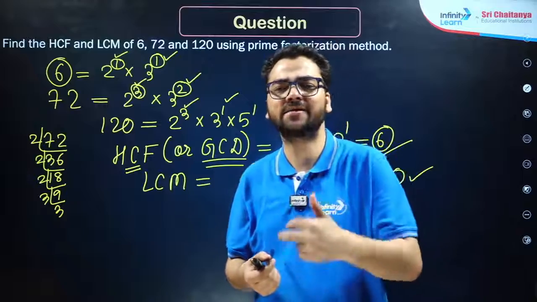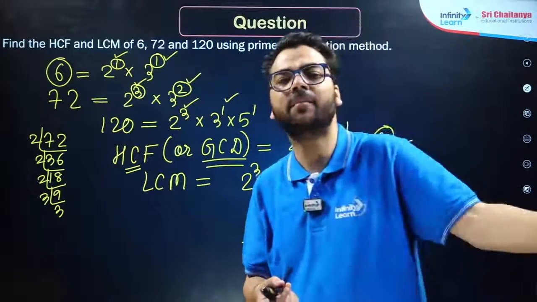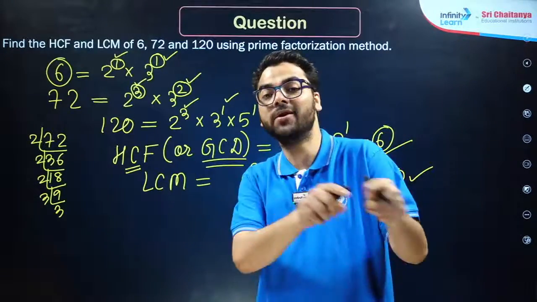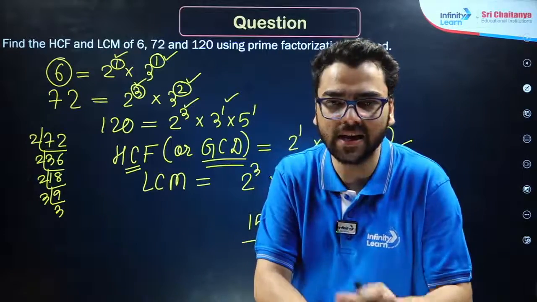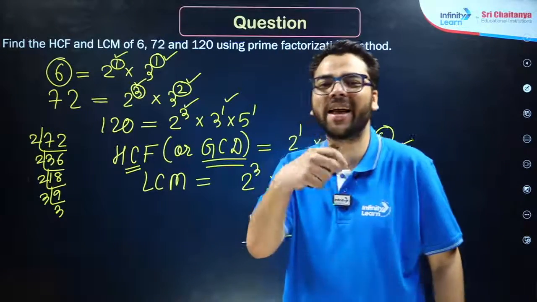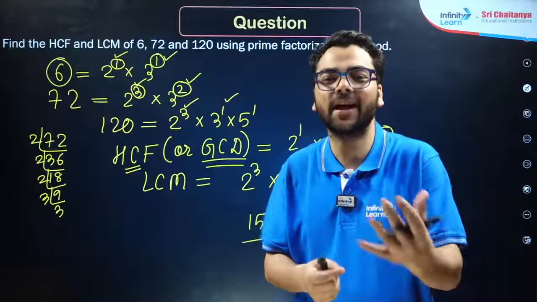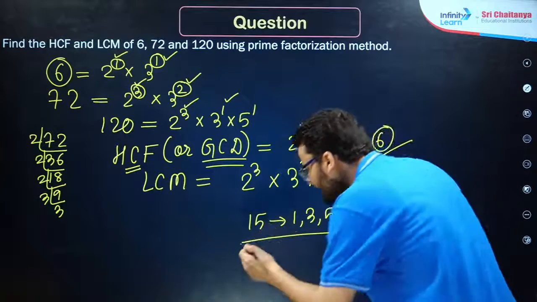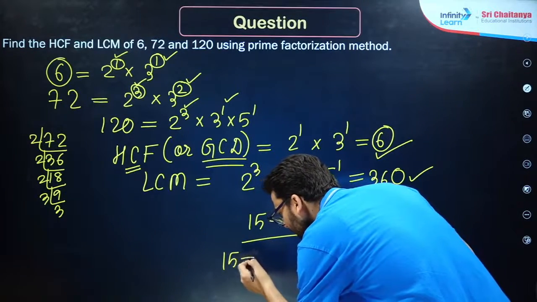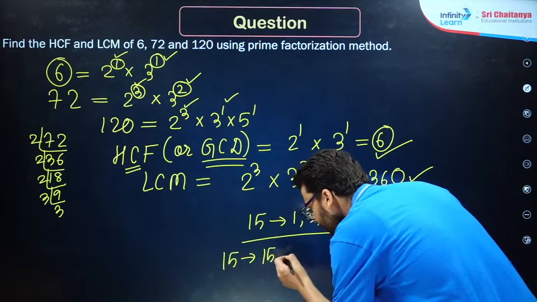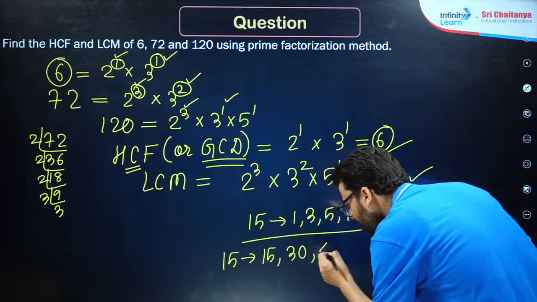So the highest value of the factors of any number of numbers is equal to the smallest out of them. Is that clear? Now what about LCM? What is the meaning of LCM? See this thing. For example, I am taking 15. What are the multiples of 15? 15, 30, 45 and so on.